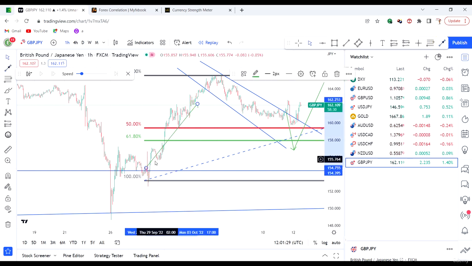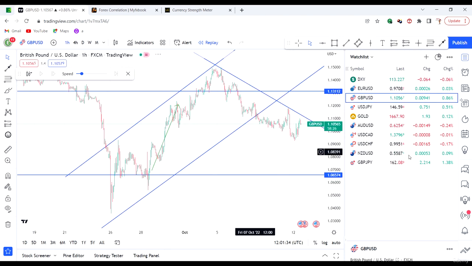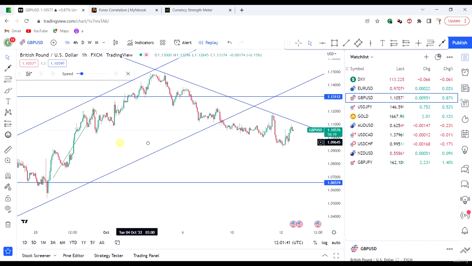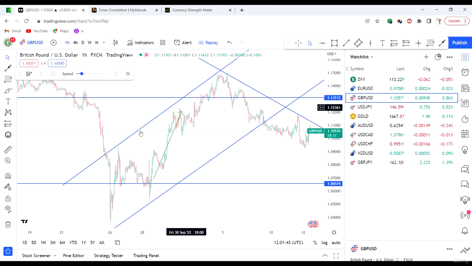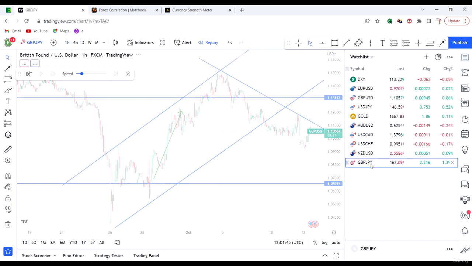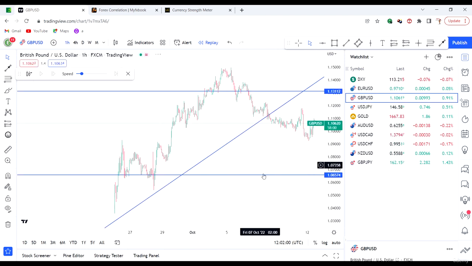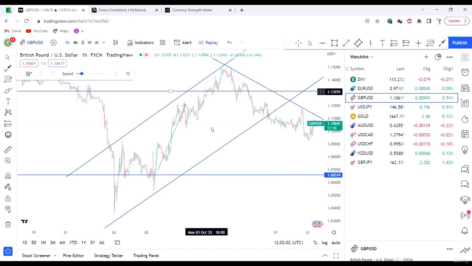So we risk 3% here and we risk 3% here. As you can see, the market actually went in our direction and we won both GBP USD and GBP JPY. But what if the market went against us? It means we'll be losing both GBP JPY and GBP USD because they are positively correlated.